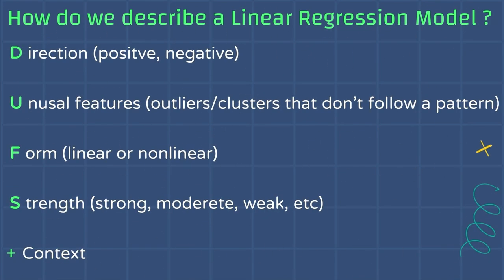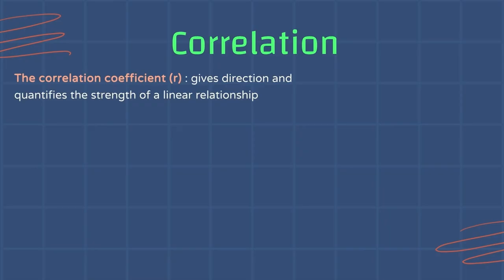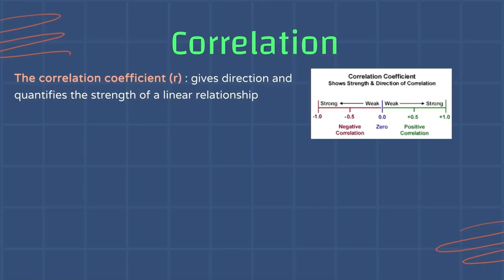So, correlation. This helps us to determine S for strength. The correlation coefficient gives us a direction and quantifies the strength of a linear relationship. As we see here, the correlation coefficient is from -1 to 1. -1 indicates that it's very strong, but it's negative.